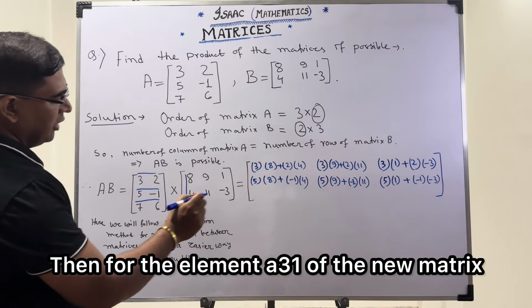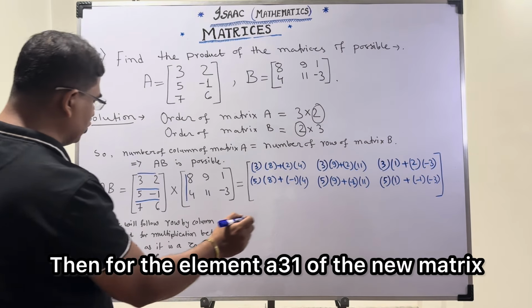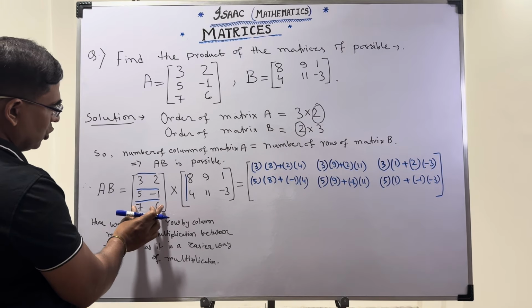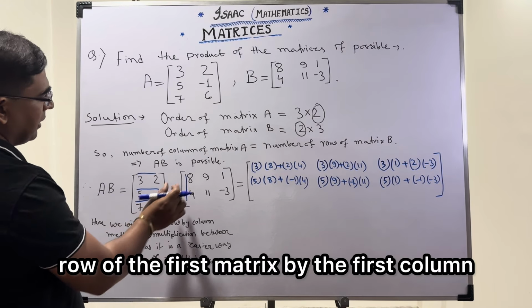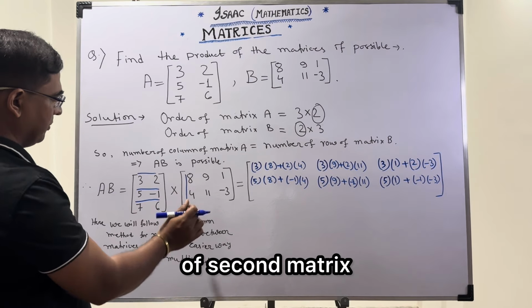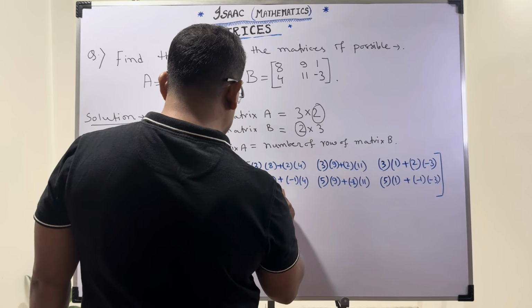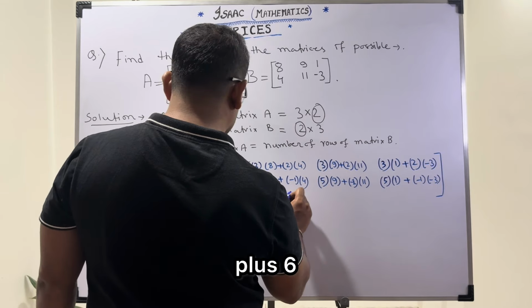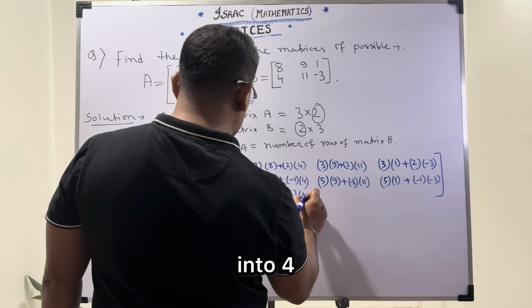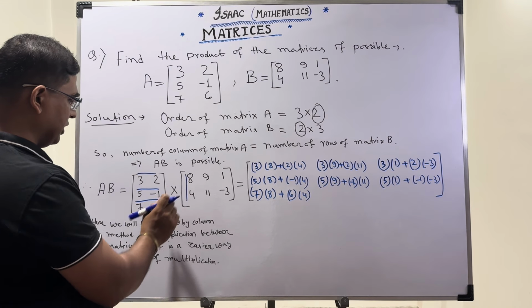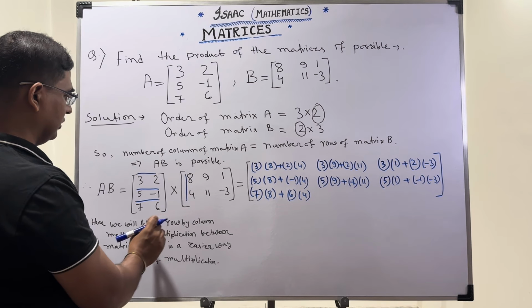Then for the element A31 of the new matrix, we have to multiply the elements of the third row of the first matrix by the first column of the second matrix: 7 into 8 plus 6 into 4.